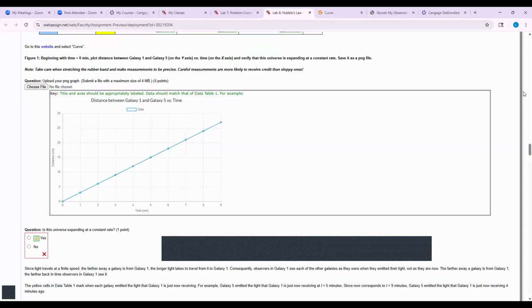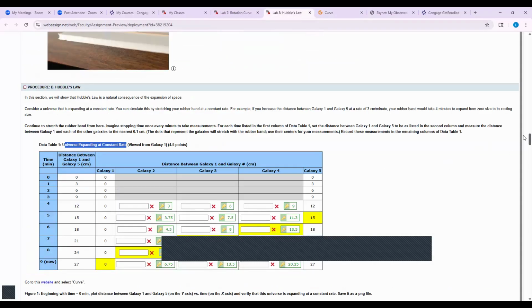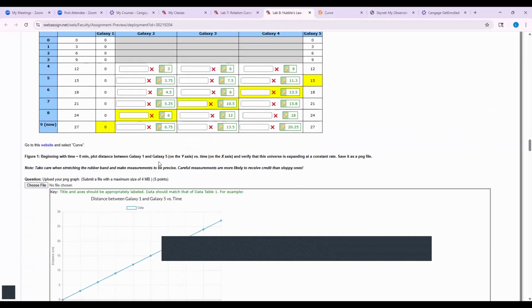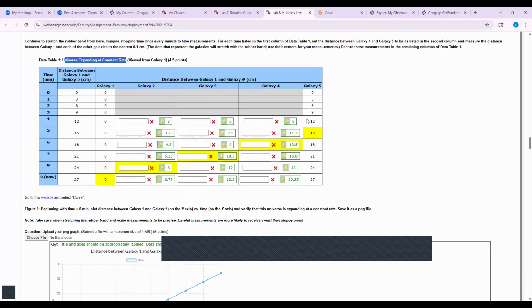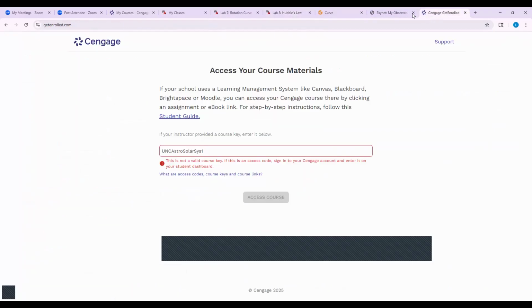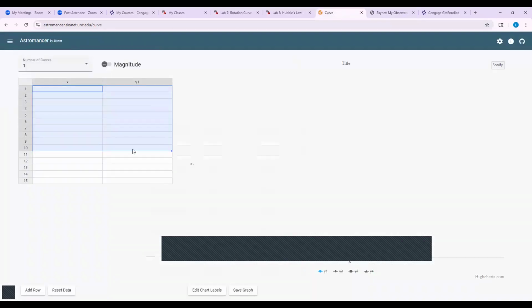For example, let me go here again. We'll say between Galaxy 1 and 5. Which one is representing Galaxy 1 and 5? These values here, the last column. And what's the time? 0 to 27. Therefore, you go back to Astromancer. Here, 0, 3, and you can copy also, but I'm just typing to show you.